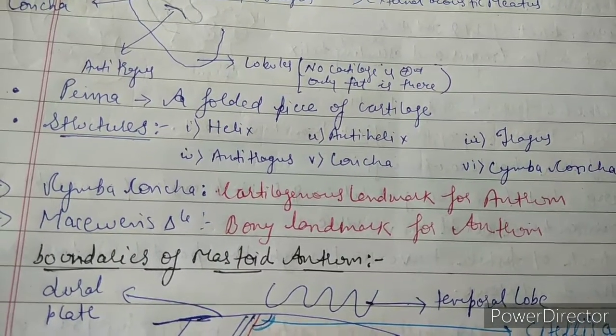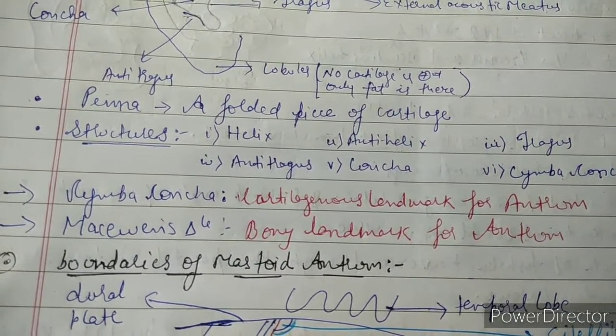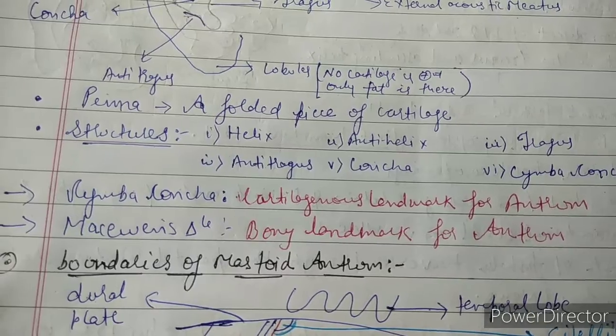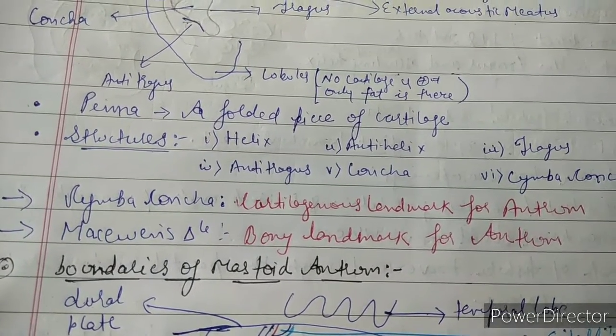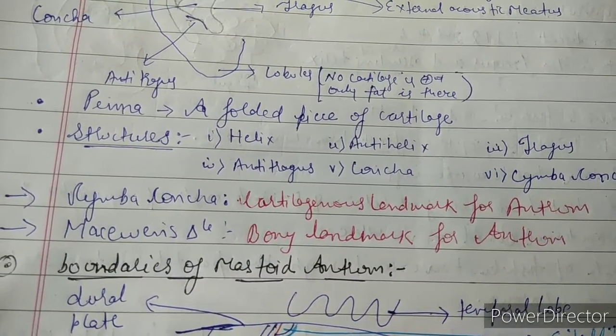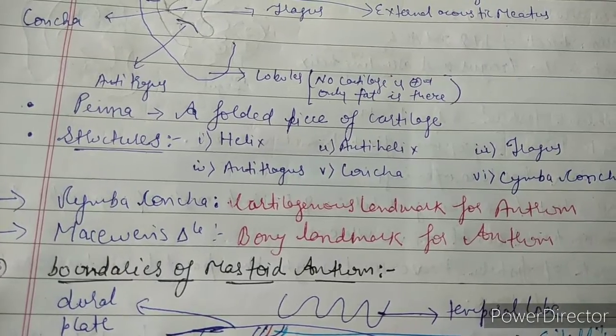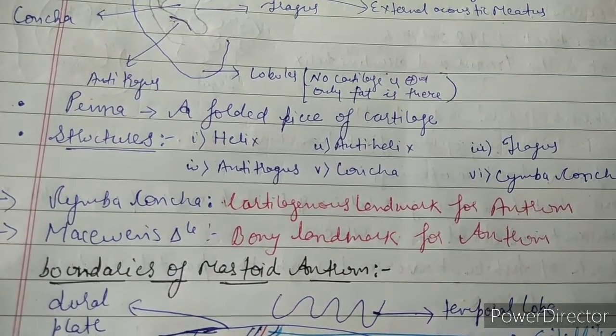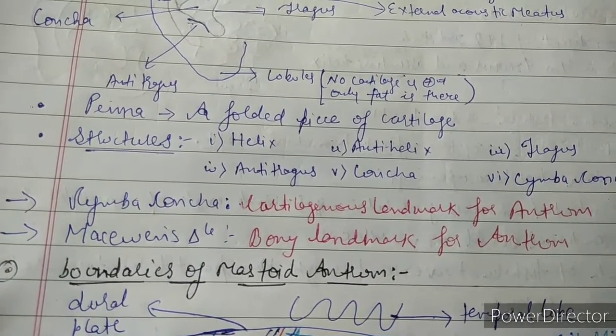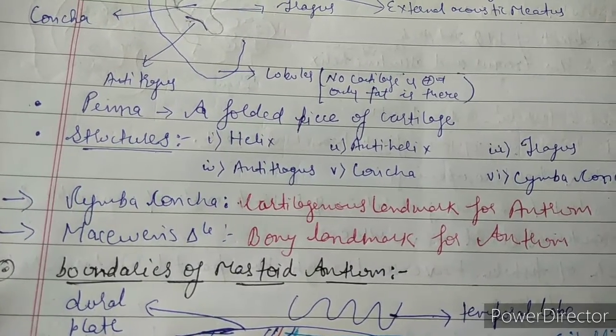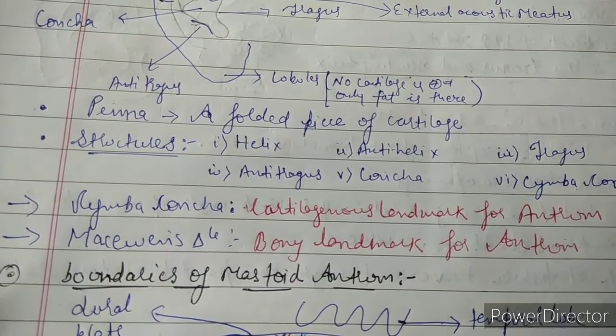So guys, whenever we do surgery and want to enter into the middle ear, or I can say the inner ear, from the external ear, we usually go through the mastoid. So we have to make the opening in the mastoid.